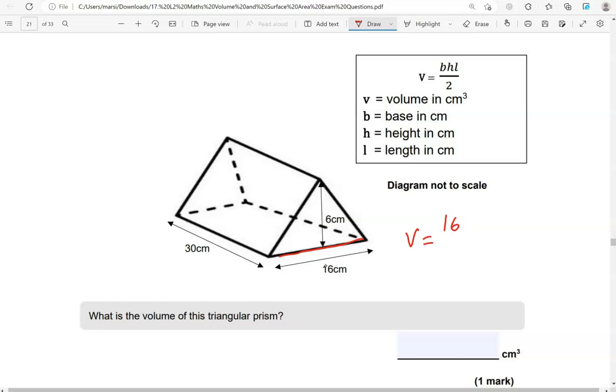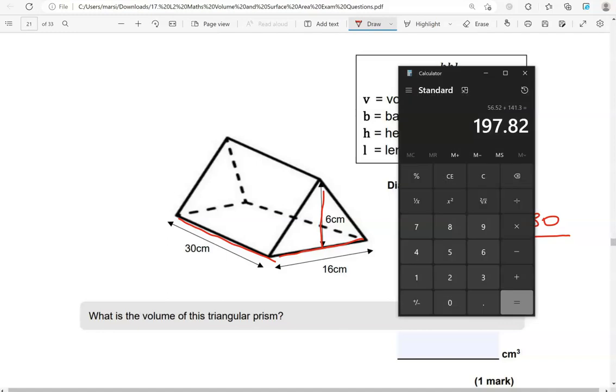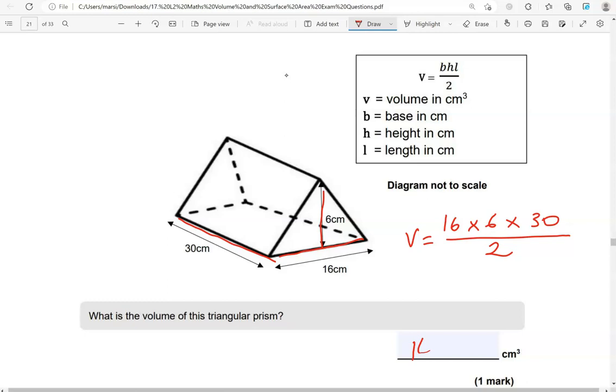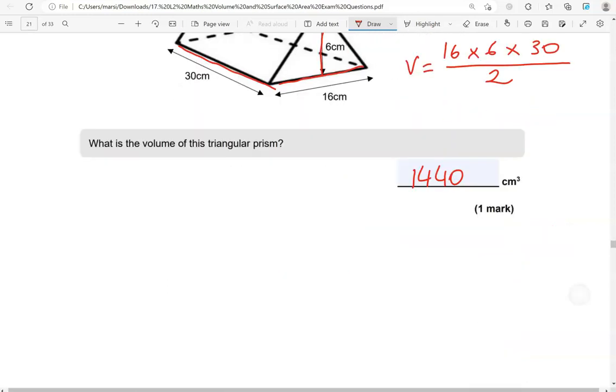And then height, that is 6 centimeters, and length, that is 30. So all divided by 2. So 16 times 6 times 30 divided by 2 gives us 1,440 cubic centimeters.